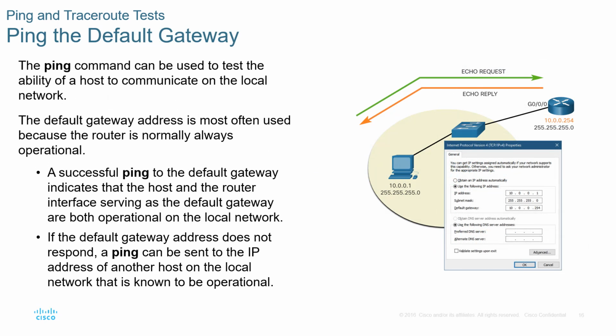Next, we can ping our default gateway. That's our exit point, where we send anything that is leaving our network or is not attached to our local network. And that'd be pinging the IP address of that gateway.